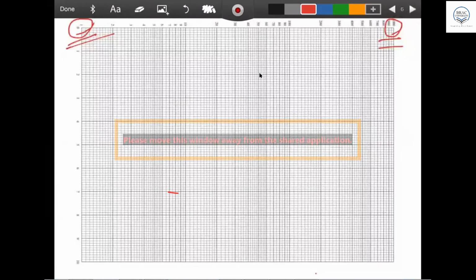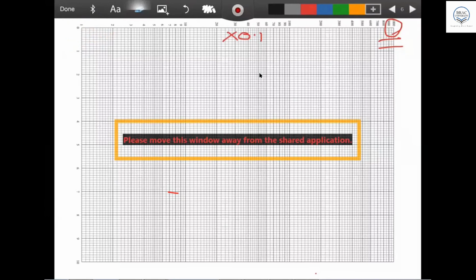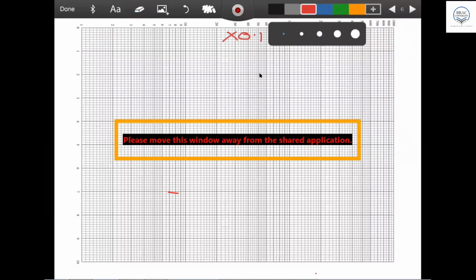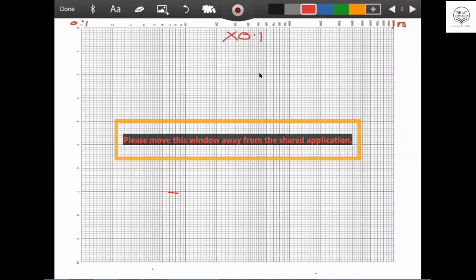So better we can do one thing: if we multiply the x-axis by 0.1, the whole multiplication, then 1 will be 0.1 and the 1000 will be 100. Right? The starting will be 0.1 and the final value will be 100. Do you understand it, if we multiply the x-axis by 0.1?